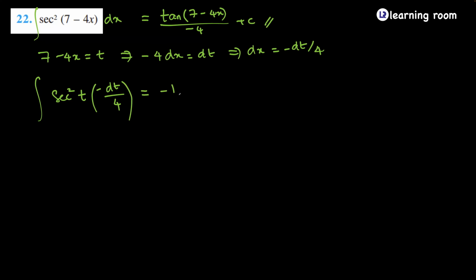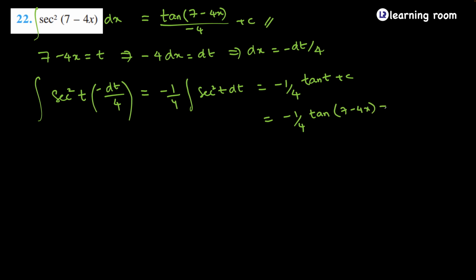So it will be minus 1 by 4 into integral of secant square t dt. What is the integral of secant square t? Tan t plus c. So minus 1 by 4 times tan of 7 minus 4x plus c.